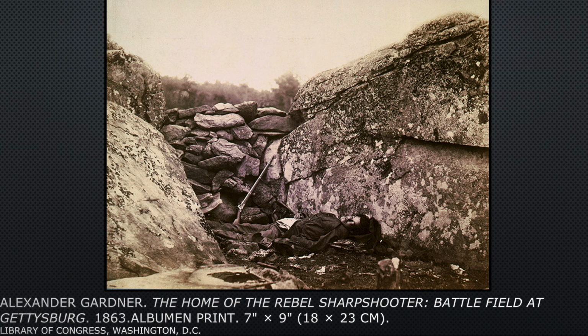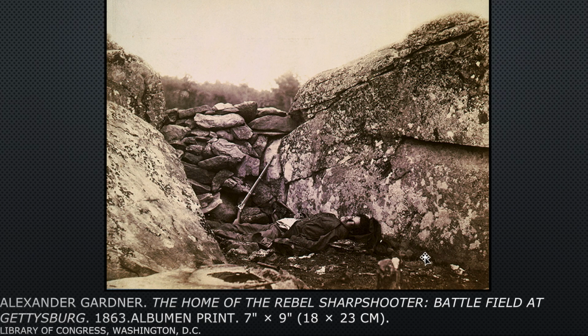Alexander Gardner did some documentary photography during the Civil War in the United States. And he went to the battlefields and took actual photographs of actual dead. So this was a real soldier who died in the Civil War. However, he did the 19th century version of photoshopping, so he sort of fudged reality.